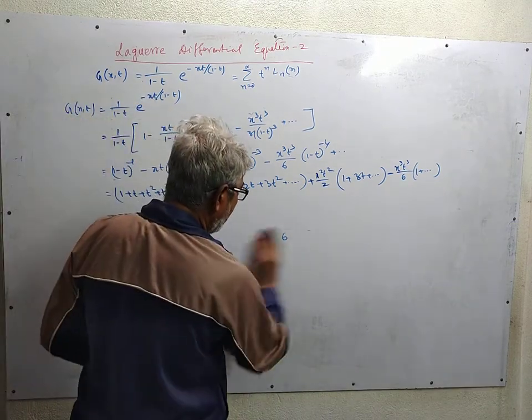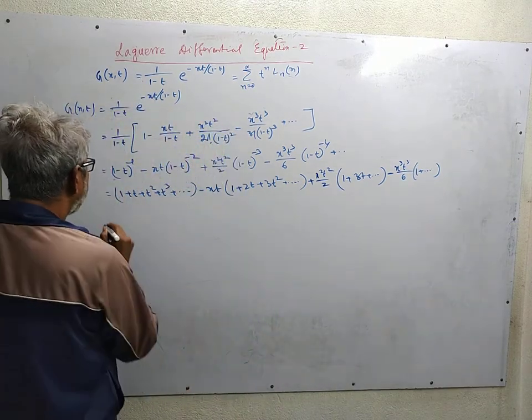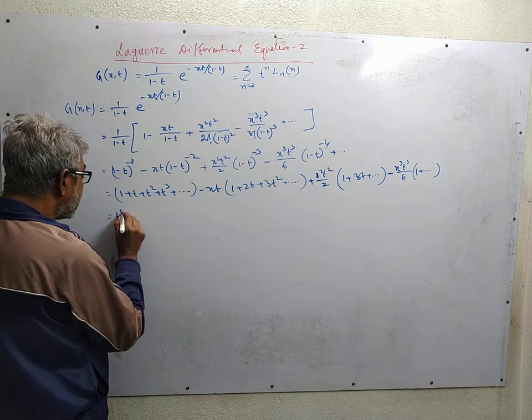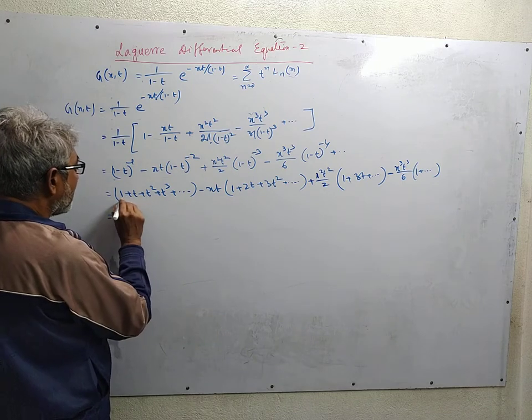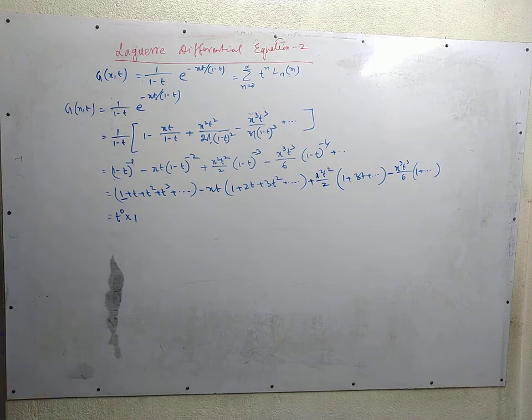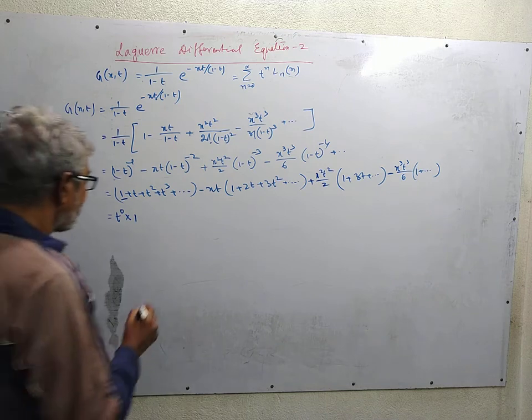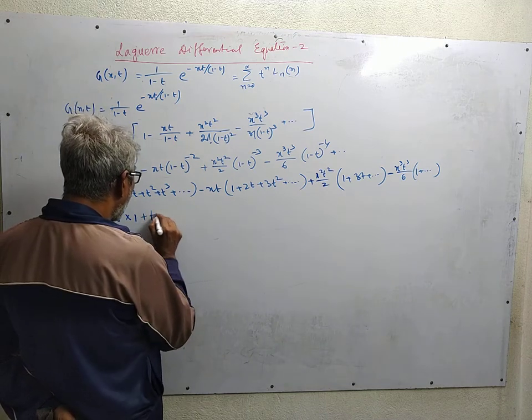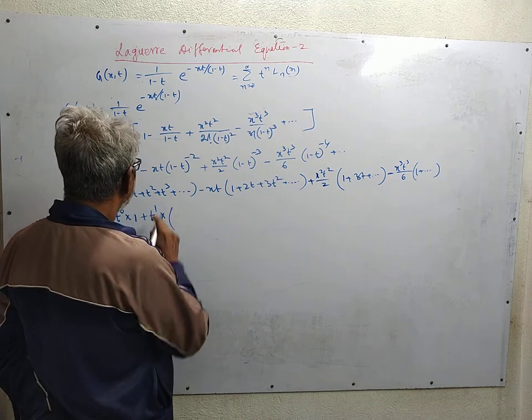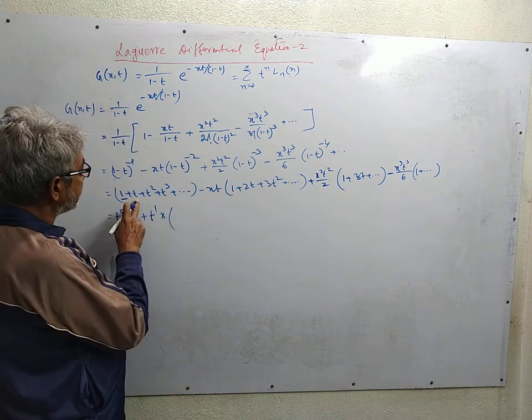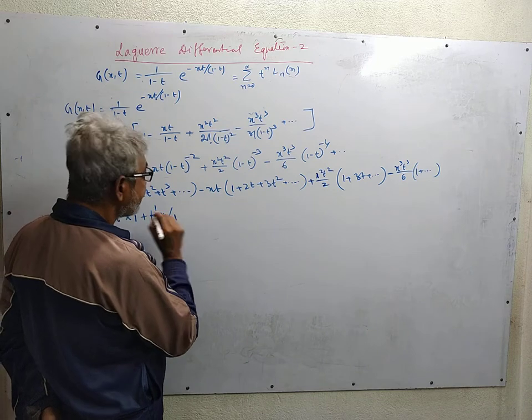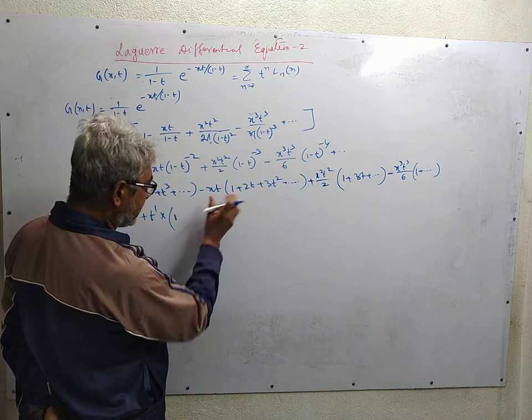So we collect the coefficients of different powers of t. So t to the power 0 into 1, the only contribution to t to the power 0 comes from the first term. Coming to the t to the power 1 term, here is a contribution 1, and there is a contribution minus x.